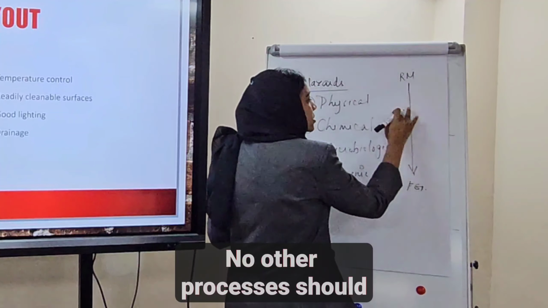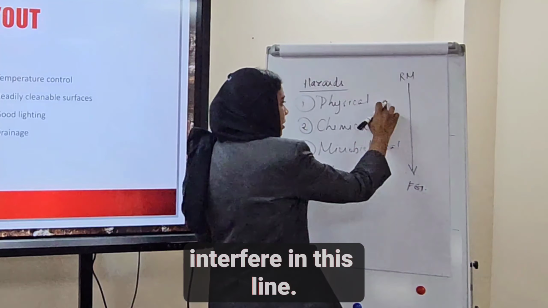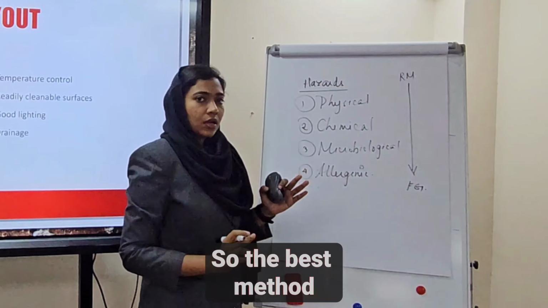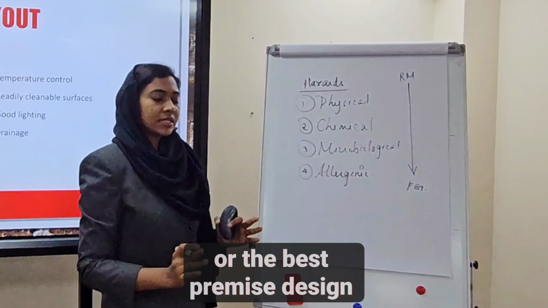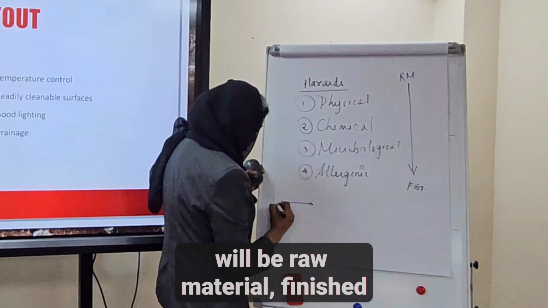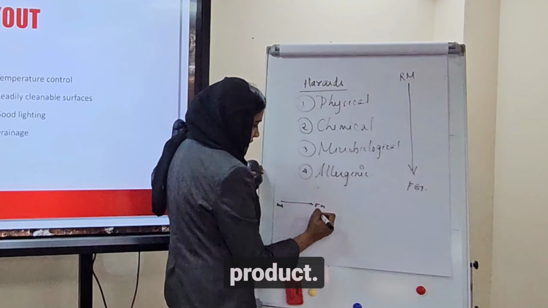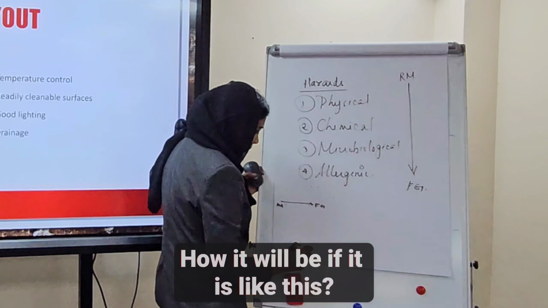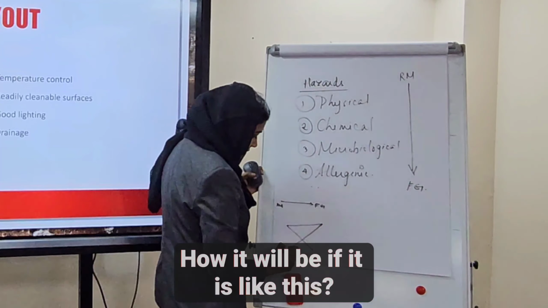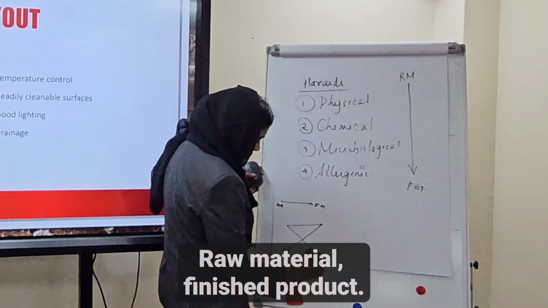No other processes should interfere in this line. So the best premise design will be raw material to finished product in a straight line. What if it is like this? Raw material, finished product.